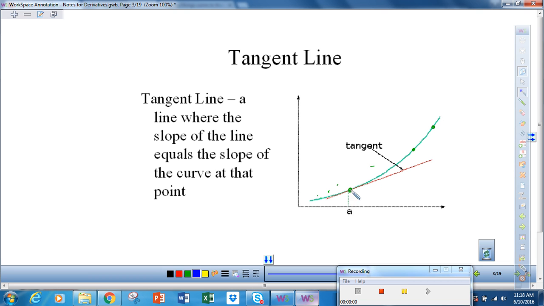So the slope of the tangent line tells us what's happening at an instant. And you can see that from this graphic. Whereas if we were to do the average rate of change of this, we would maybe take 2 points, and we would find the average rate of change. But if I want to know what's going on at point A specifically, then I would find the slope of the tangent line.